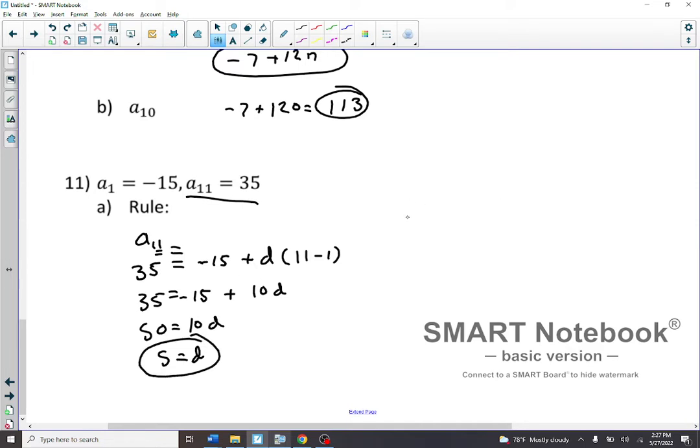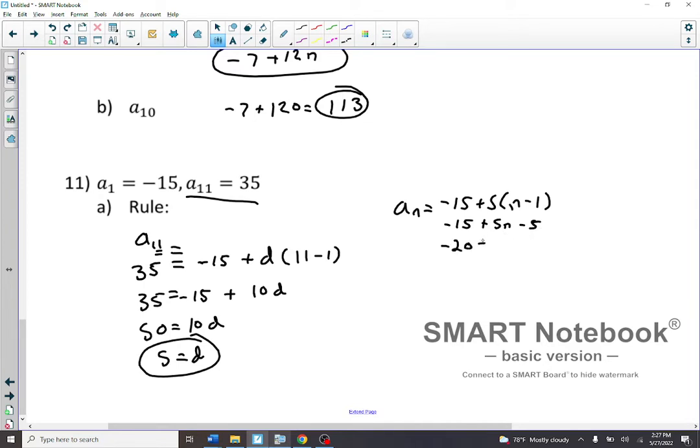So I can make the equation. AN equals negative 15 plus 5 times n minus 1. Distribute the 5. Negative 15 plus 5n minus 5. Combine like terms.